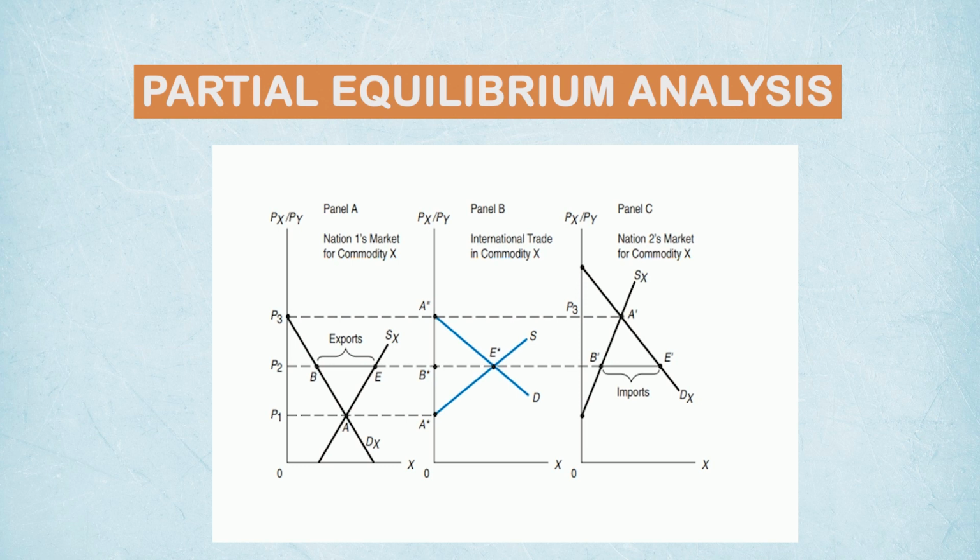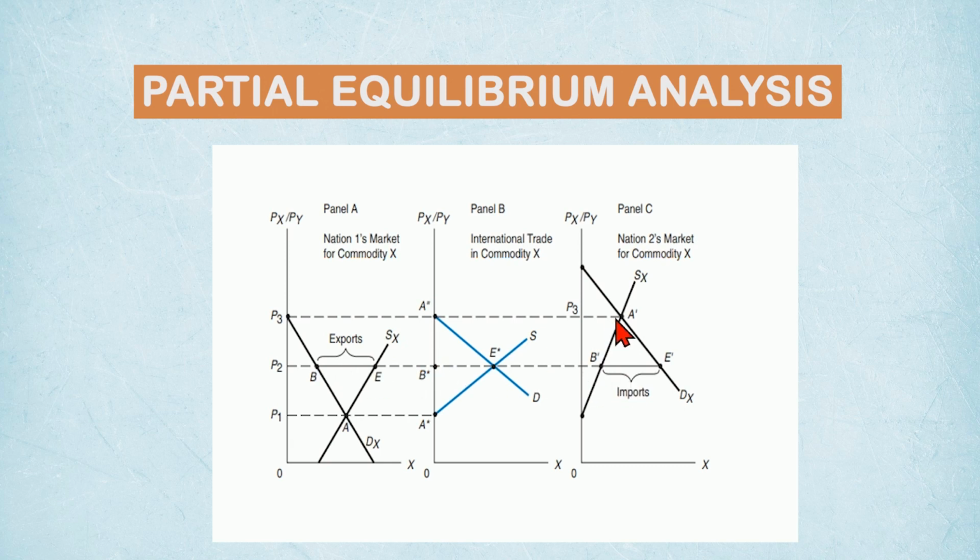For the same price P2, the excess demand for the same good is BE. And this is exactly equal to the excess supply of export from country 1. This means at price P2, there should ideally be a balanced rate, because your export is equal to import.